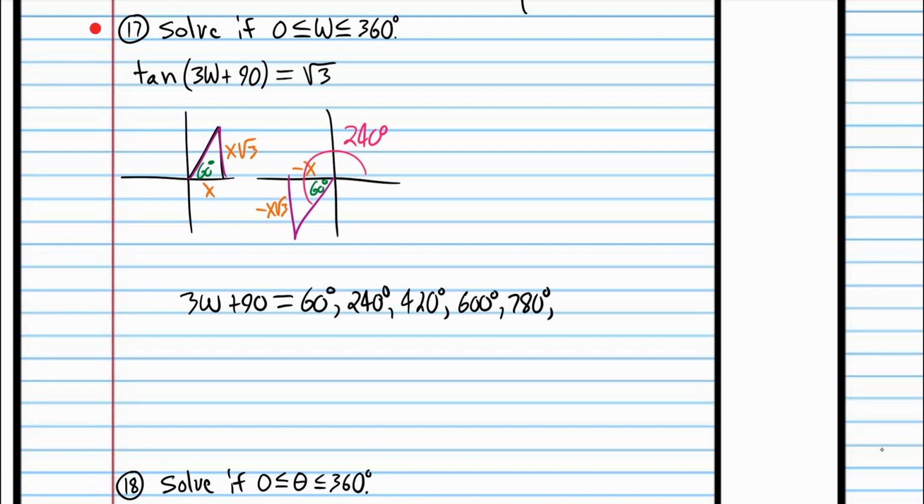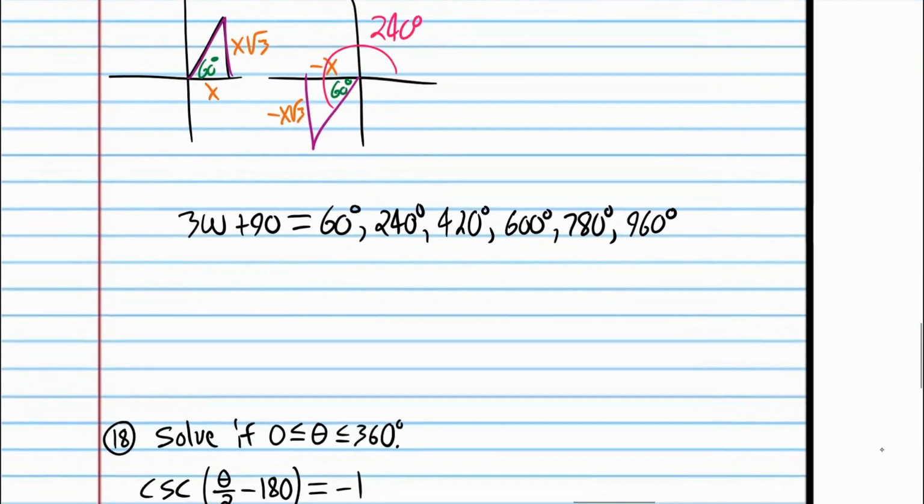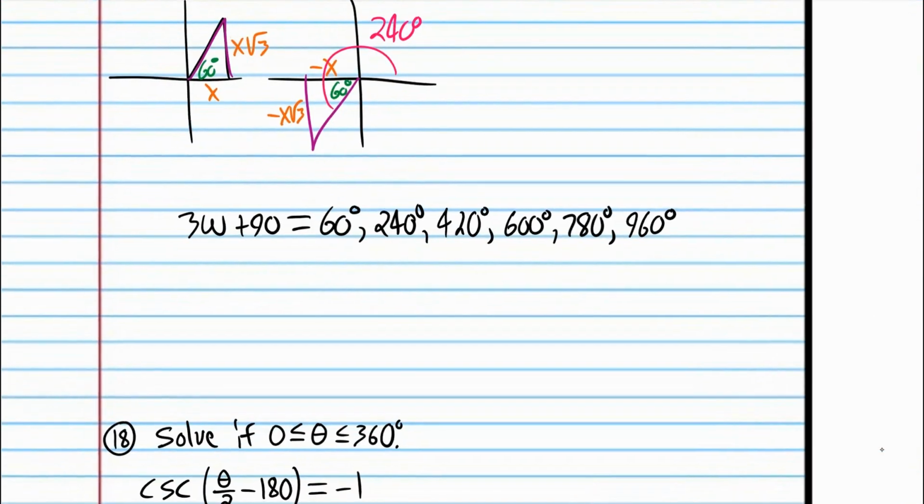And 600 plus 360 is 960, so hopefully that'll be enough. So what I'm going to do is we need omega. So I'm going to subtract 90 from all these numbers.